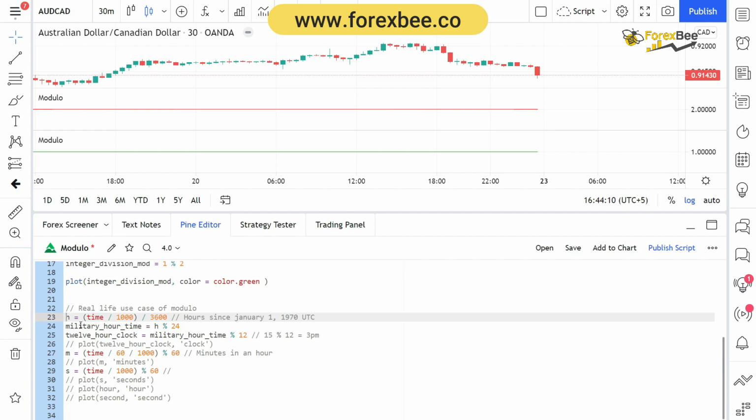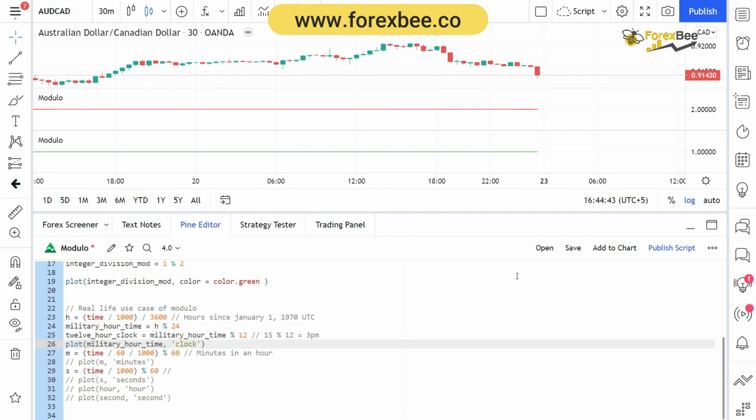Now if we want to get the hours in military time, we can find the modulo of this h variable by dividing it by 24, and it gives us the remainders, which would be our hours. If we plot this, let me go ahead and plot this variable here and uncomment this.